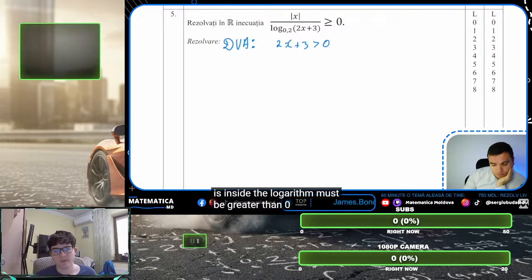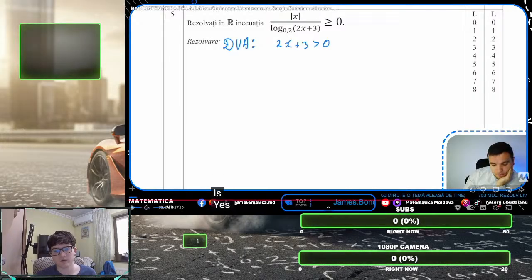Now, it starts off with the domain. So I think the domain gotta be the stuff under the square root or in parentheses, or the base, whatever. It gotta be bigger than 0, right?